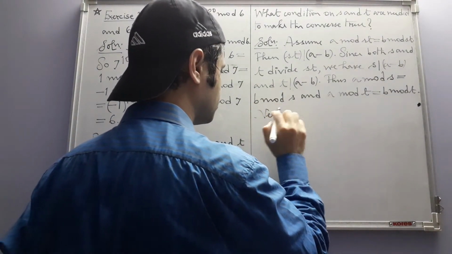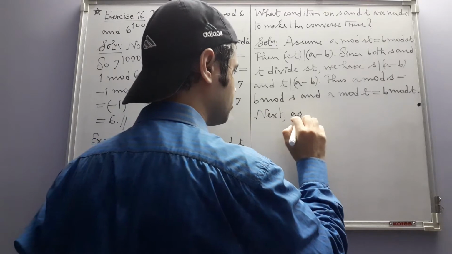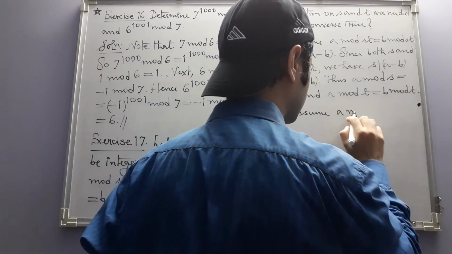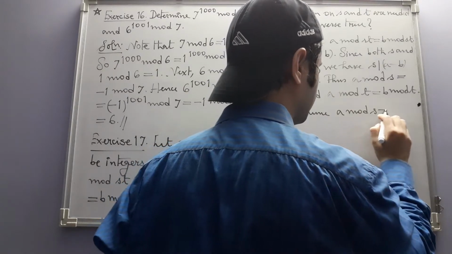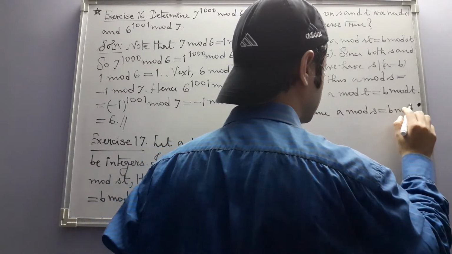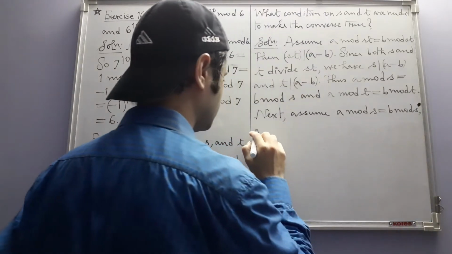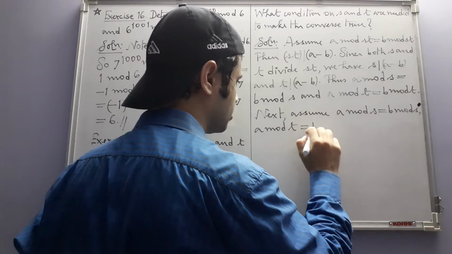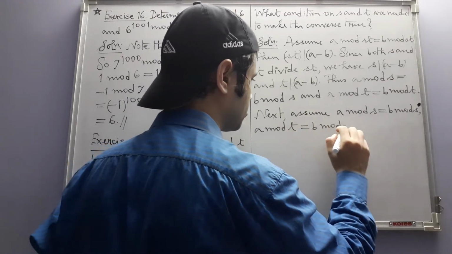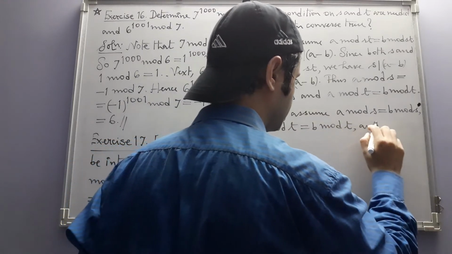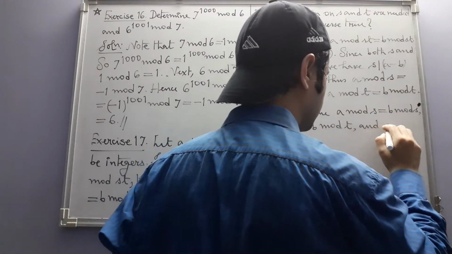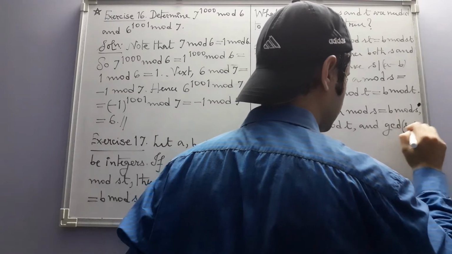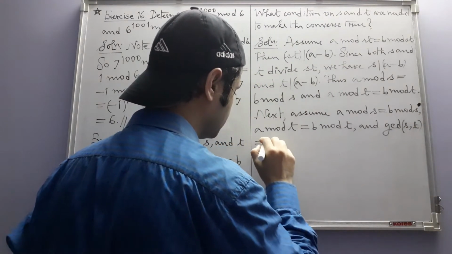Next, assume A mod S equal to B mod S, A mod T is equal to B mod T, and as an extra condition we are imposing this, that S and T are relatively prime.